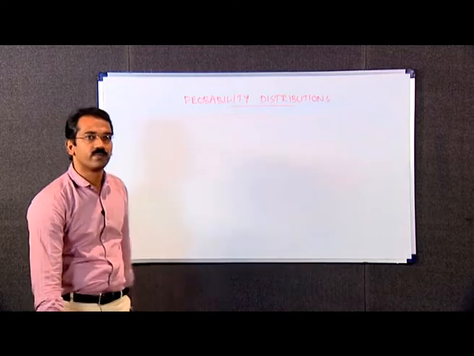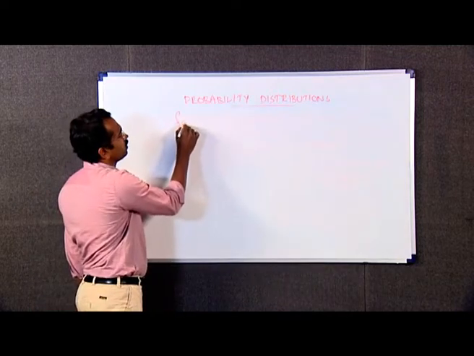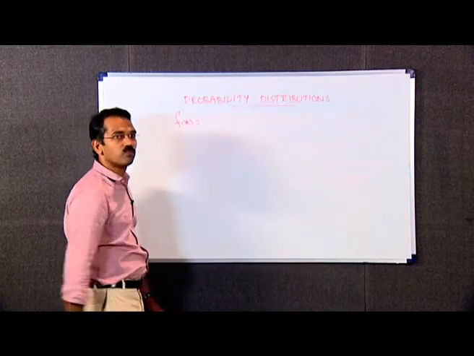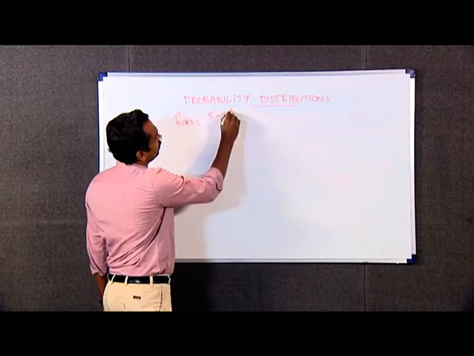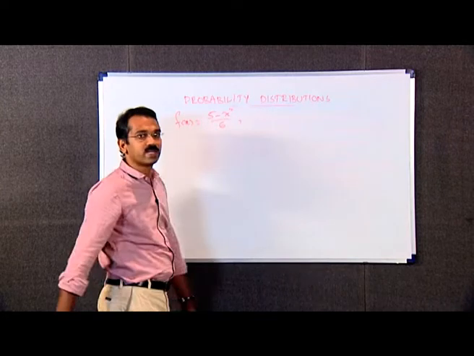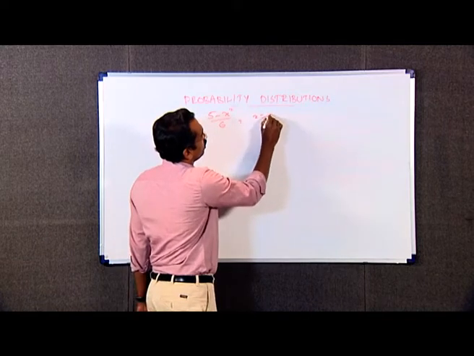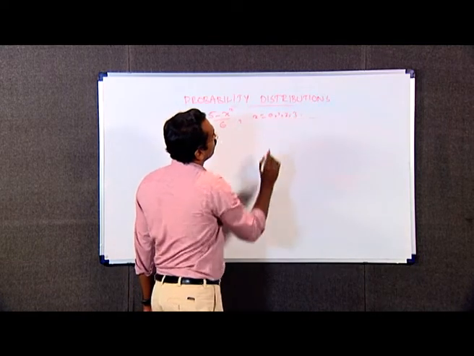For example, consider the function f of x is equal to (5 minus x square) divided by 6, where x is equal to 0, 1, 2 and 3.